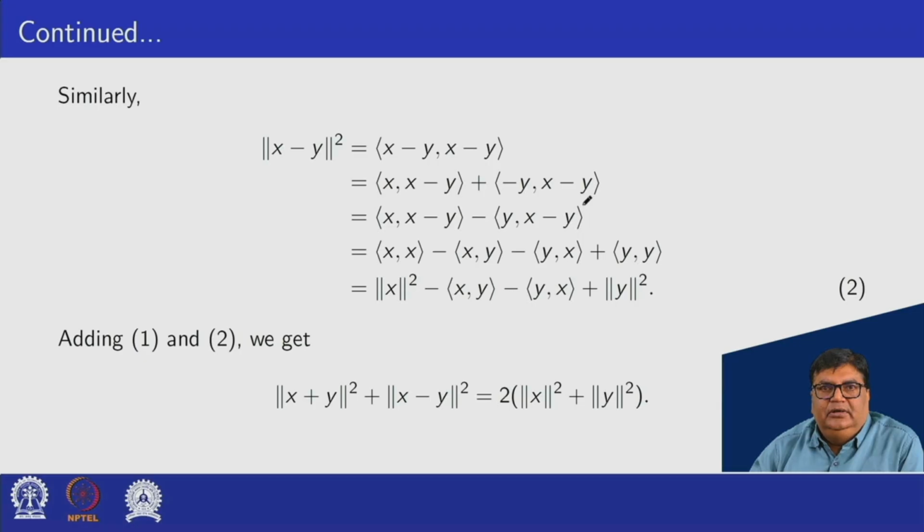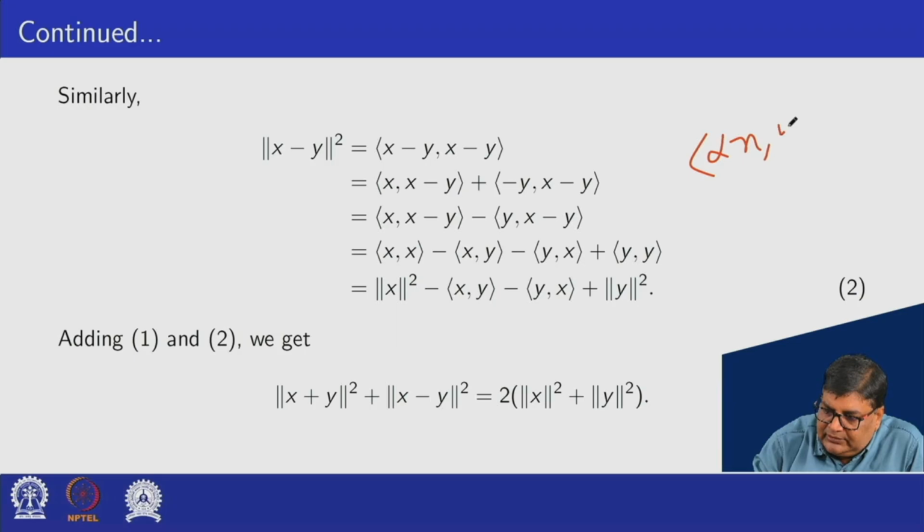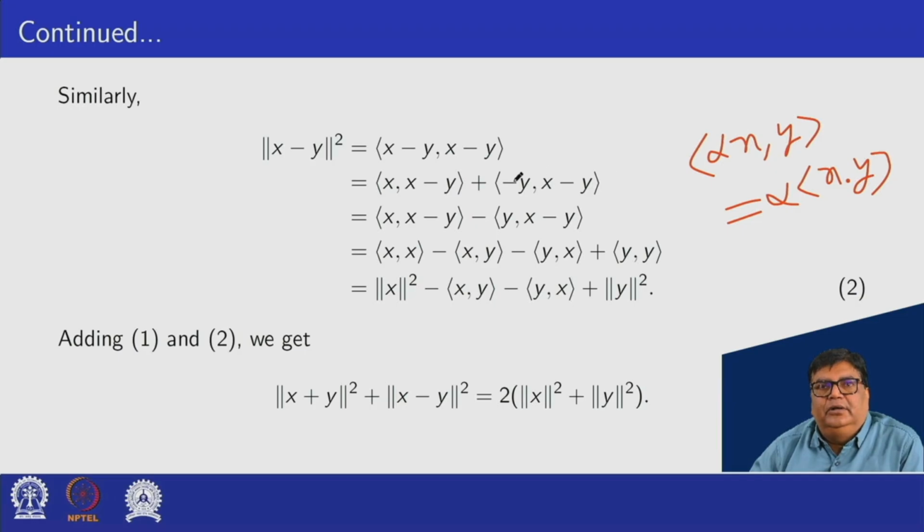Okay. So this can be written as the inner product of y, x − y with a minus sign, because inner product of alpha x, y equals alpha times inner product of x, y. So alpha here is minus 1.